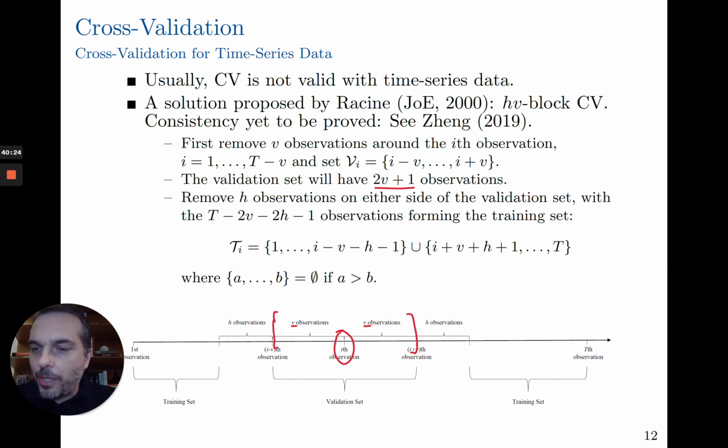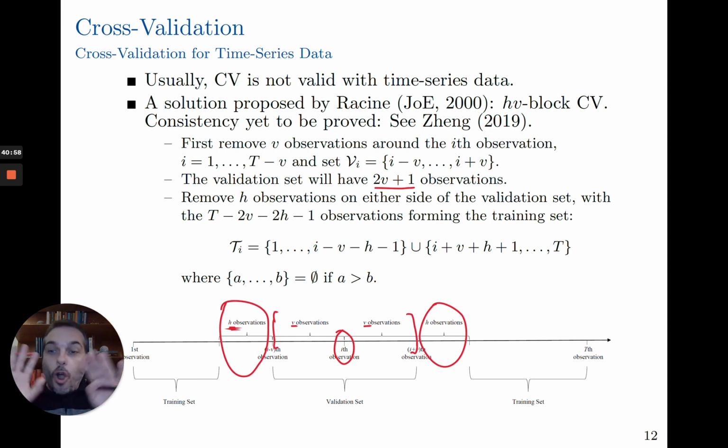And now, in the usual B-fold cross-validation, we take all the other observations as the training set. But here we're not going to do that. We are going to include our void, our vacuum. So we are going to take H observations to the left of our validation set and H observations to the right of our validation set.